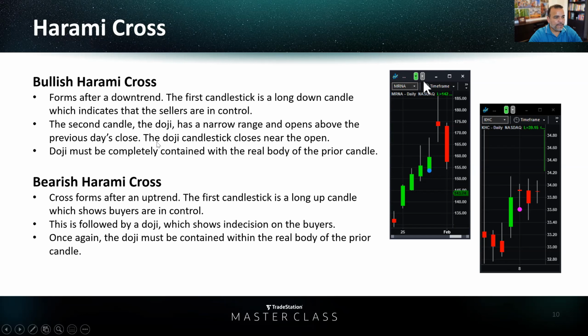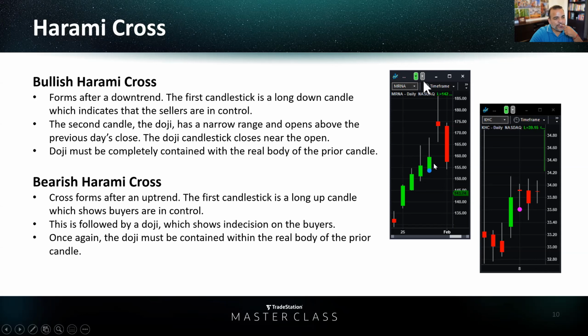The doji candlestick closes near the open, and the doji must be completely contained within the real body of the prior candle. And I was looking at these pictures and something doesn't match. What I read here doesn't match this, because one of the conditions is that the doji must be completely contained within the real body of the prior candle.